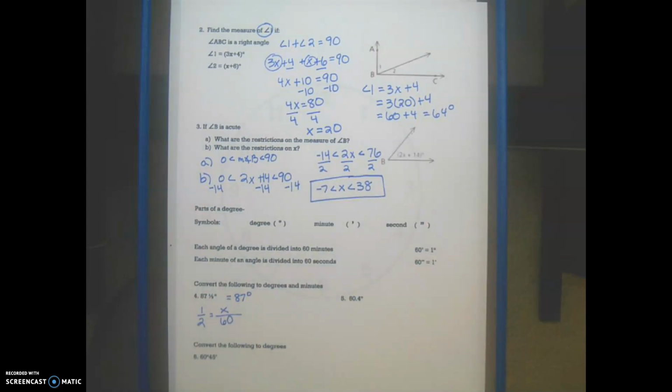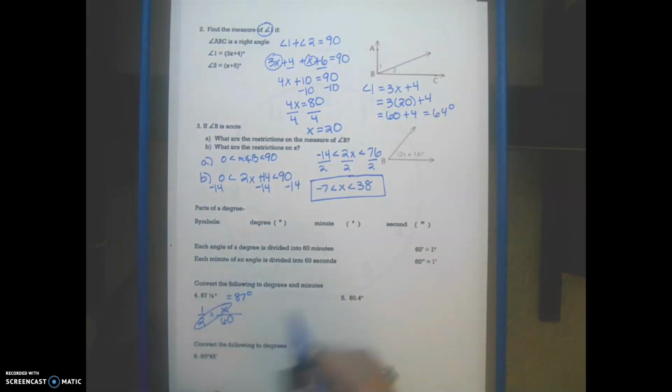So I can write this expression, and I can solve for x by cross multiplying. So I'm going to get 2x is equal to 60. Divide, and I get that x is equal to 30 minutes. So 87.5 degrees is equal to 87 degrees and 30 minutes.